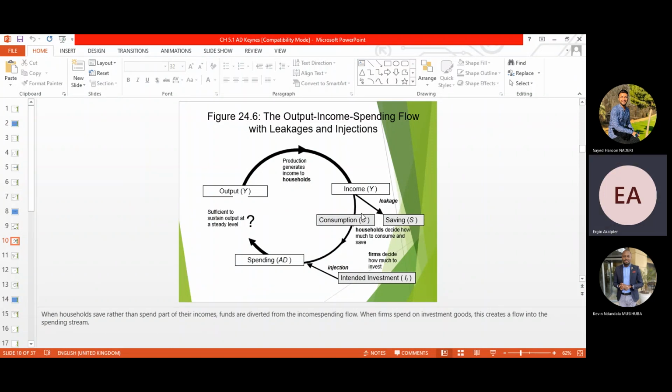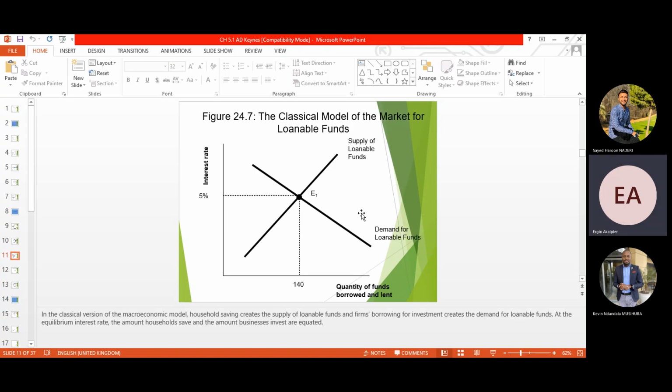And from this point of view, if the firms hire this from the households, they will then generate some income, and this income will be then again distributed either to the consumption or to the saving, because part of the income, which is around 50%, must be saved for being able to create some sustainable economical model. And as a result of this saving and consumption, this circulation is going in the clockwise direction, and this spending will go again to the firms as a capital, as a resource for maintaining and circulating their economical activities.